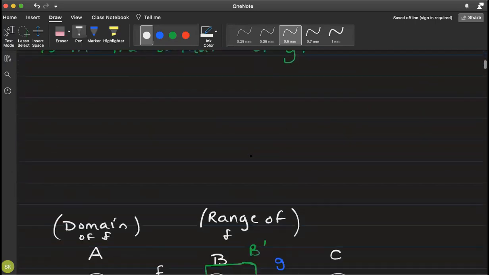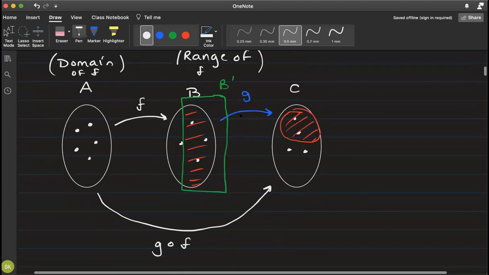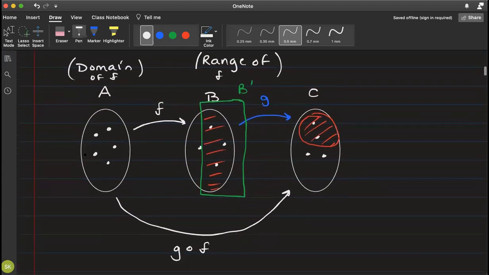I also want to show you the picture again, just as a recap of what happens. Let me zoom out a little bit. So we start with a domain of f and a range of f. So A is being sent to B through f. Then we have g, a different function. G has a domain and a range. And what we're doing when we're saying g composed of f is we're looking at elements in A that are sent to elements in B that intersect with this B prime.